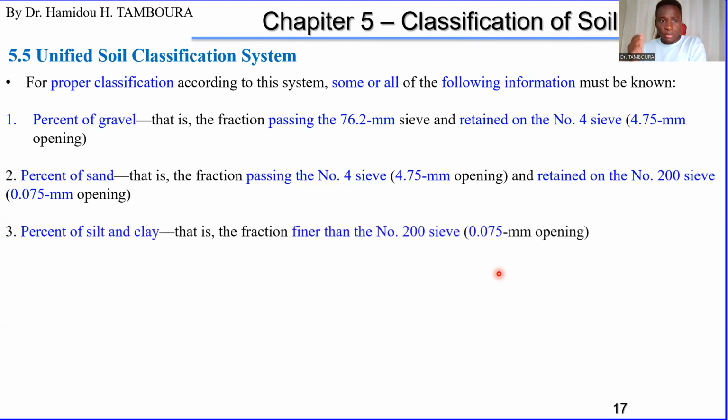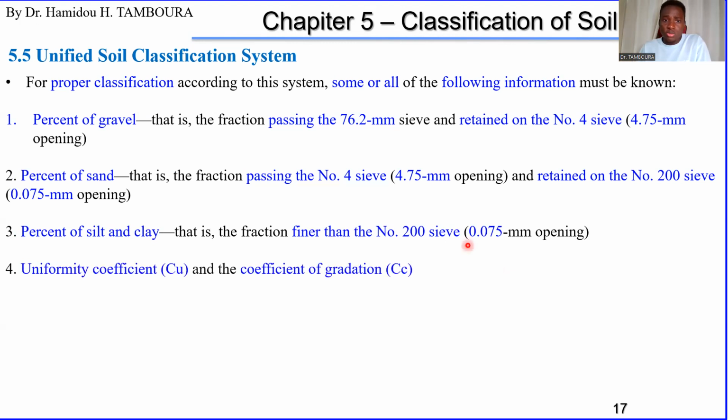And you need also the percentage of silt and clay, meaning fines. That is the percentage of soil passing sieve number 200. You need also the uniformity coefficient and the coefficient of curvature. You need these two.